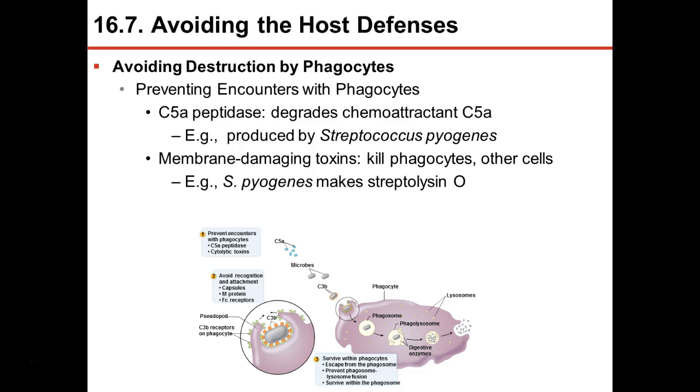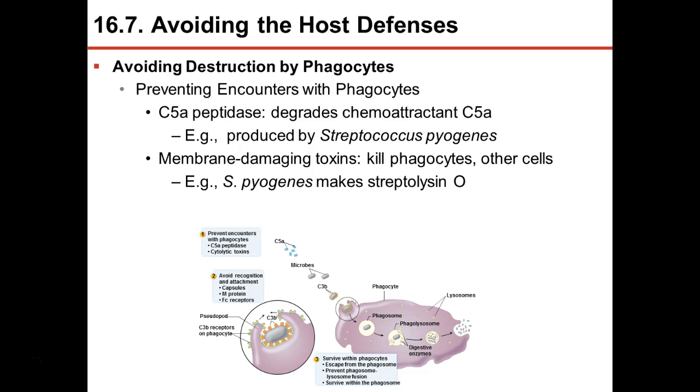Well, in this case, Streptococcus pyogenes, which we'll see in chapter 21, is responsible for strep throat, but one of the ways that it's able to cause disease is by hiding or camouflaging, and what it's able to do here is it actually degrades or destroys the C5a chemokine, which is going to minimize or at least slow down the attraction of the other immune system cells to the site of infection.